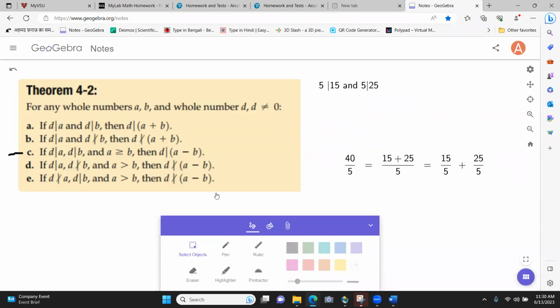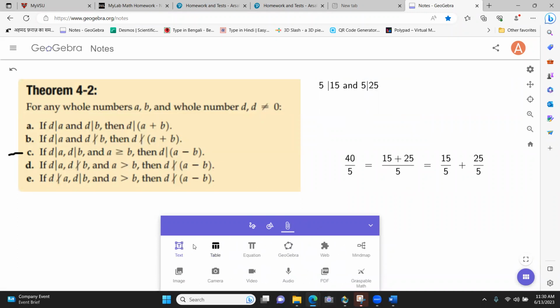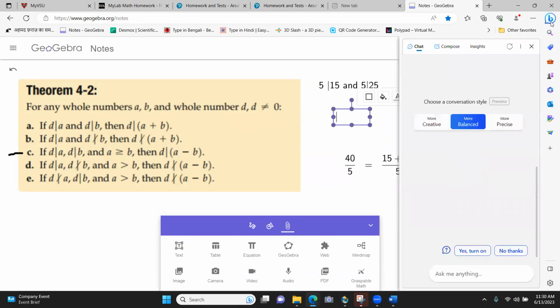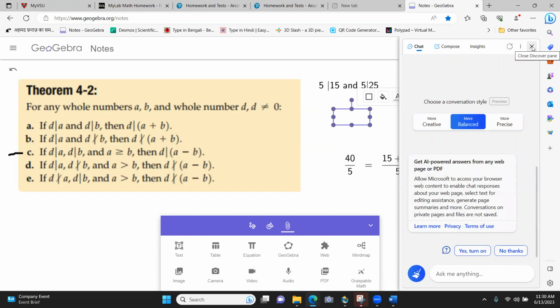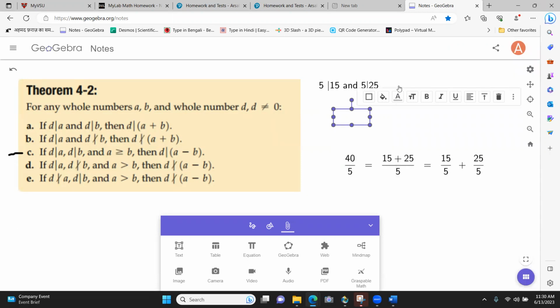What's going on here? But we'll figure it out. Okay, 5. What's 25 minus 15? 10.